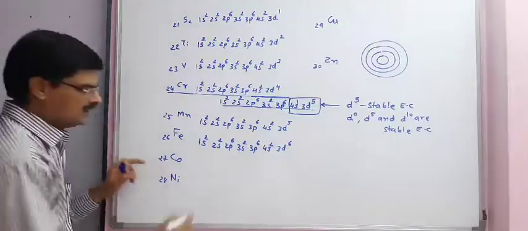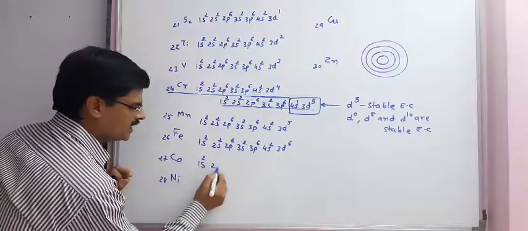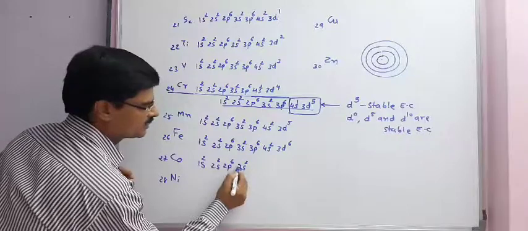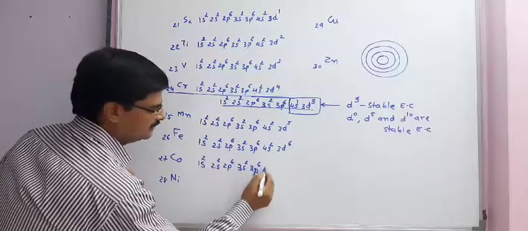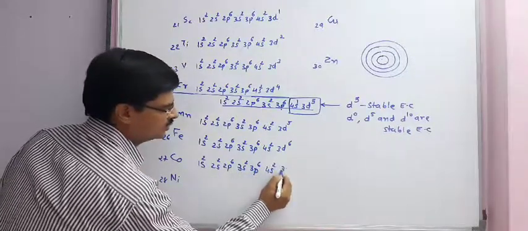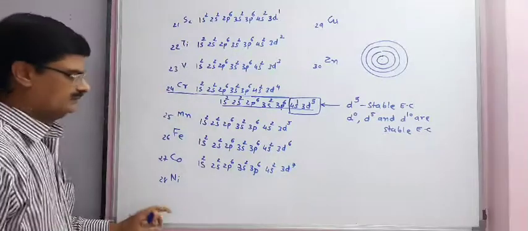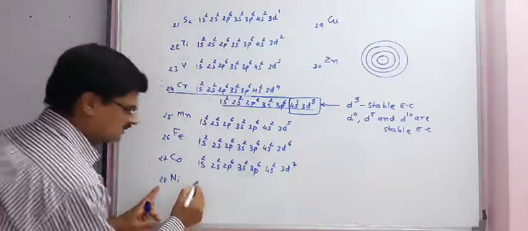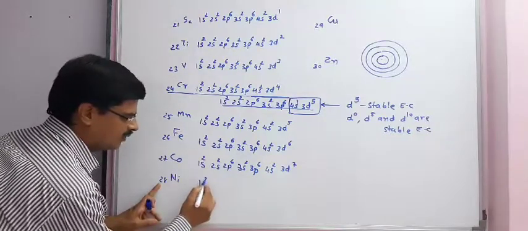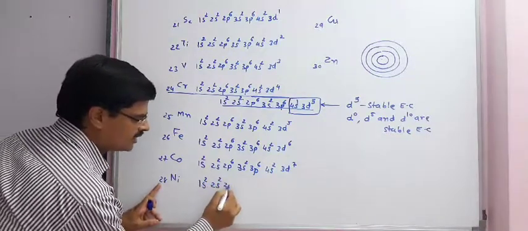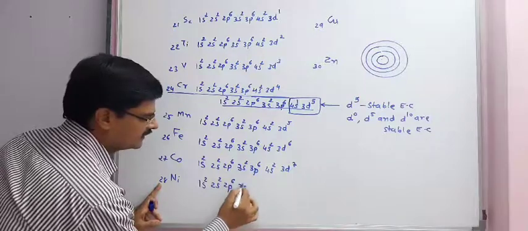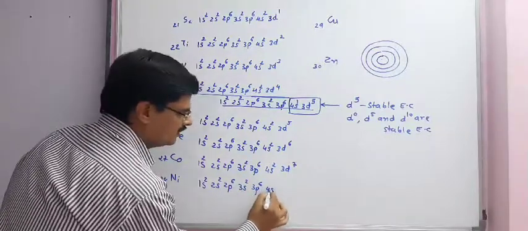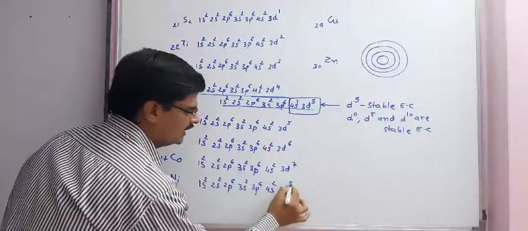Now for cobalt 1s2, 2s2, 2p6, 3s2, 3p6, 4s2 and 3d7. Now for nickel, atomic number 28, 1s2, 2s2, 2p6, 3s2, 3p6, 4s2 and 3d8.